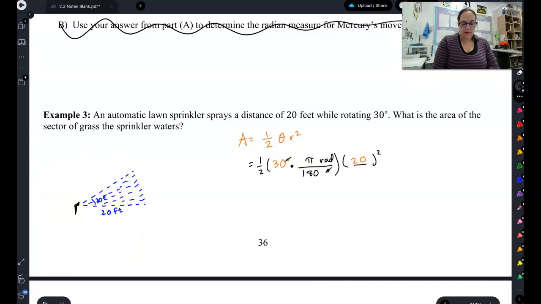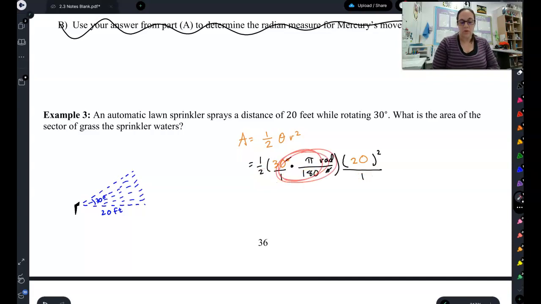So once again, I can just put into my calculator. Here we go. So on the numerator of my calculator, I have 1 times 30 times pi times 20 squared, all in the numerator. In the denominator, I have 2 times 1 times 180 times 1.